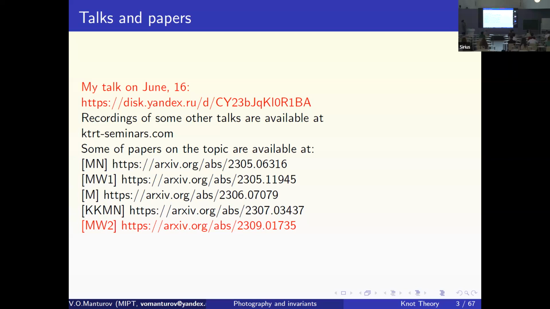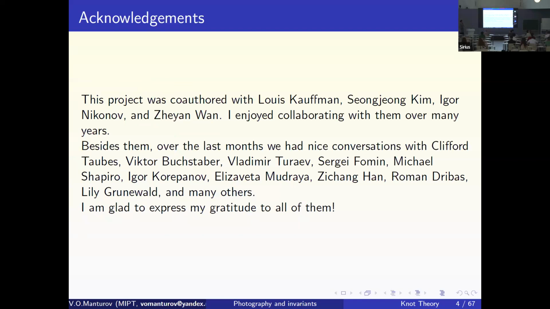And finally, just in September, we posted a paper with Wang Jian about digraph invariants. I have to express my gratitude to many people I collaborated with. I have four co-authors for now. Other people haven't yet written a paper, but anyway, we're working.